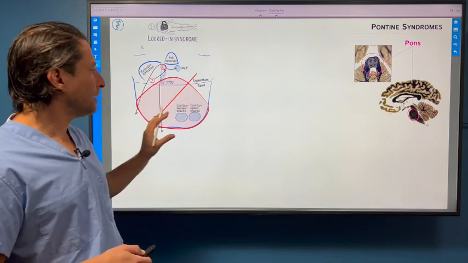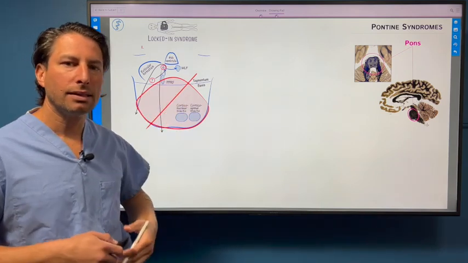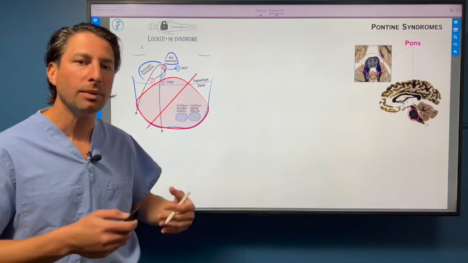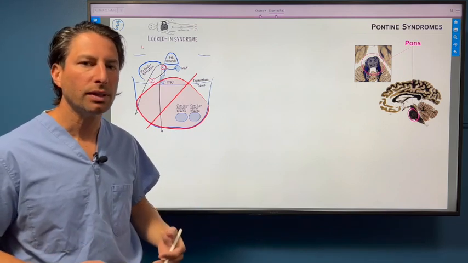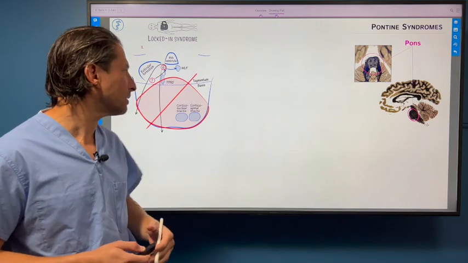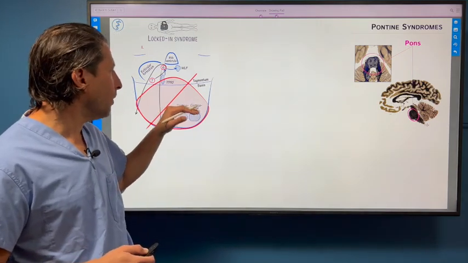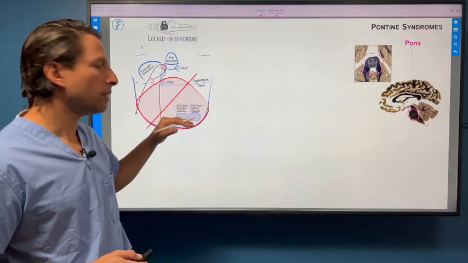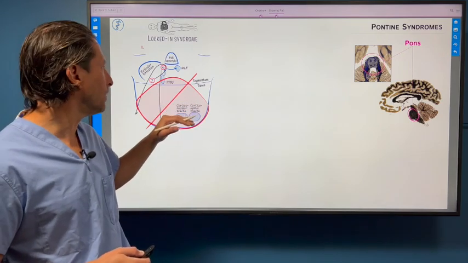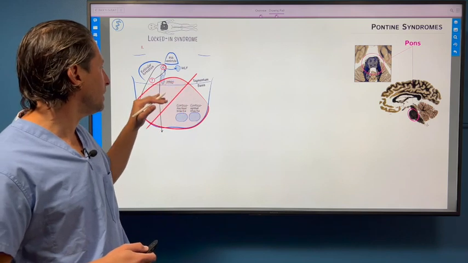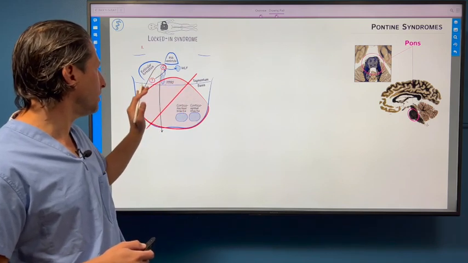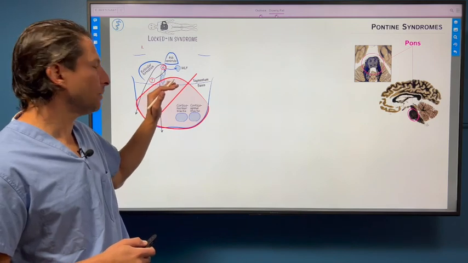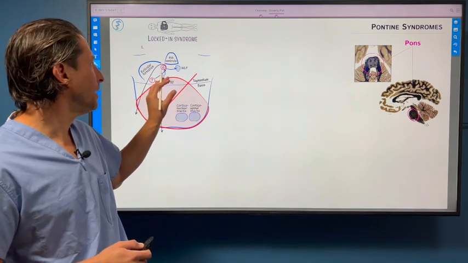So in locked-in syndrome, this has the appearance of the patient being comatose because they're unable to move. But unfortunately, and this is a horrifying syndrome, the motor fibers are knocked out because they're contained within the pontine basis here, and they're injured. And then the injury extends, knocks out the facial fibers here, and then also the parapontine reticular formation is injured.